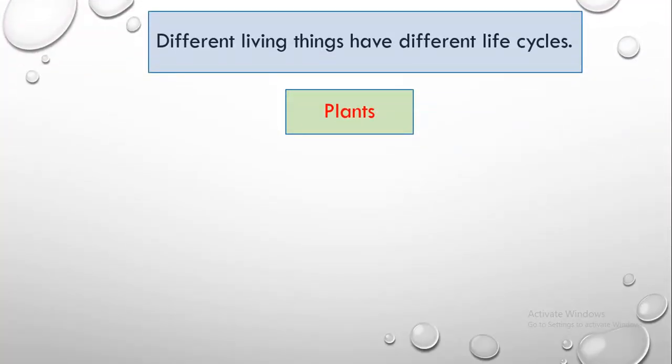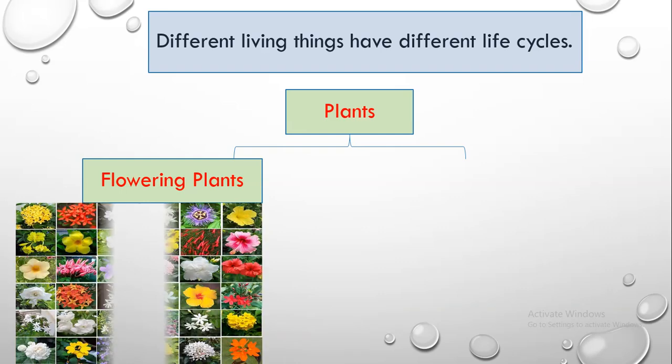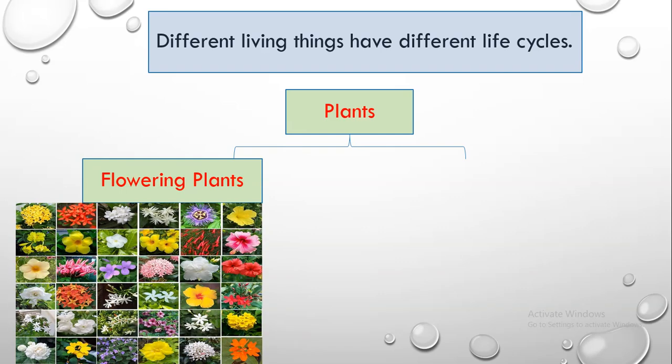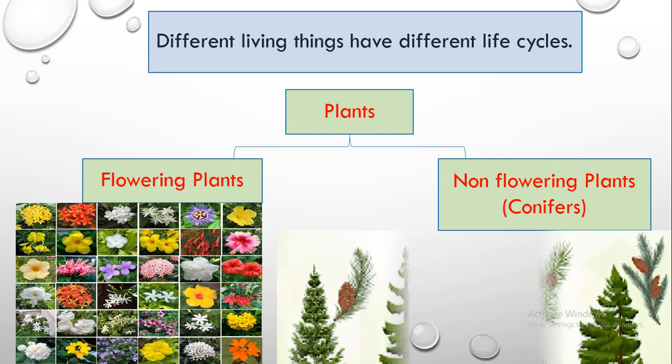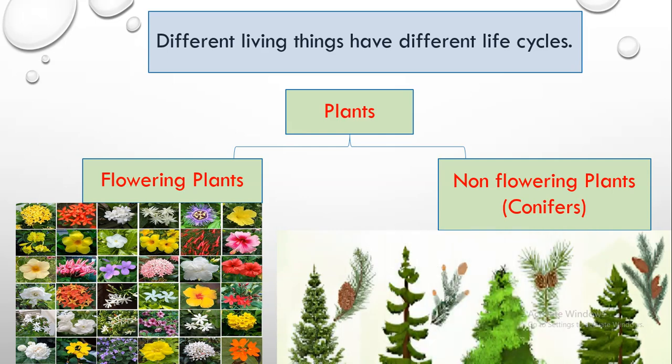Now let's start with plants. Scientists classified plants into two groups. We have flowering plants. They produce flowers. And we have non-flowering plants or conifers. They don't make flowers, they make cones.